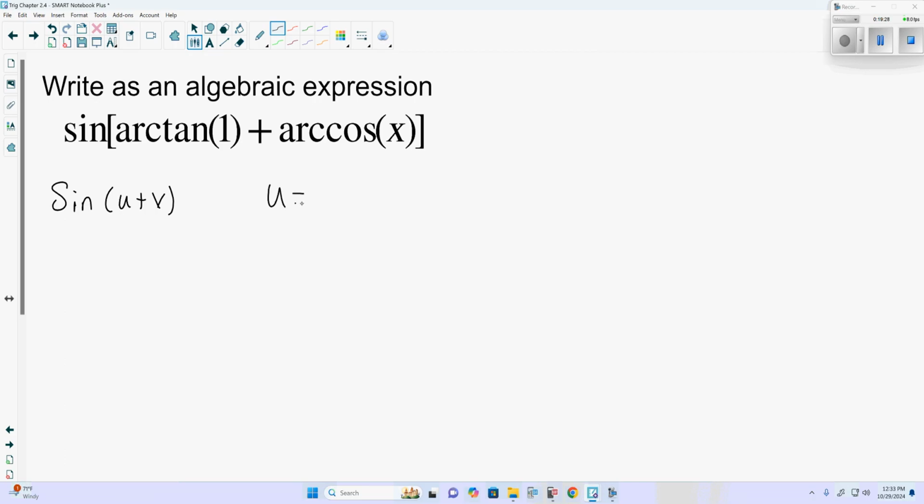This is also telling us that u is equal to arc tangent of 1, just like before, which is just telling us that tangent of u is equal to 1. And just like before, u is equal to pi over 4.